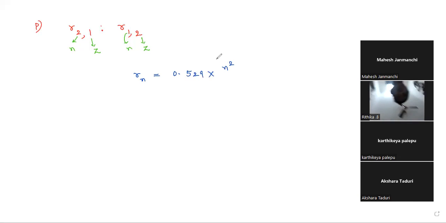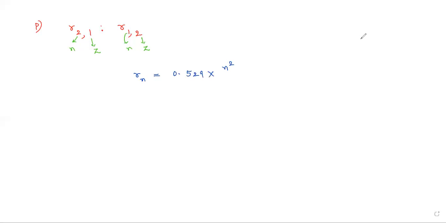So the radius of the nth orbit can be given as 0.529 into n square by Z. It is very clear from this that radius is directly proportional to n square and inversely proportional to Z.